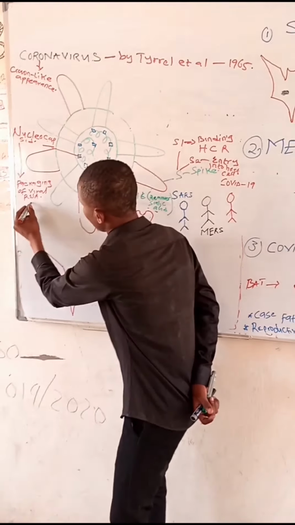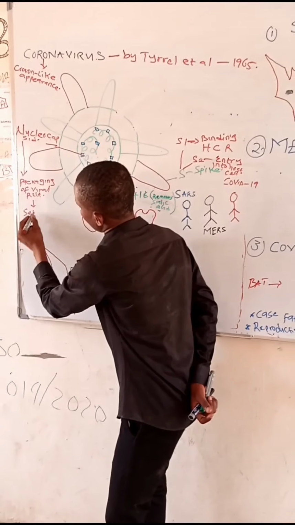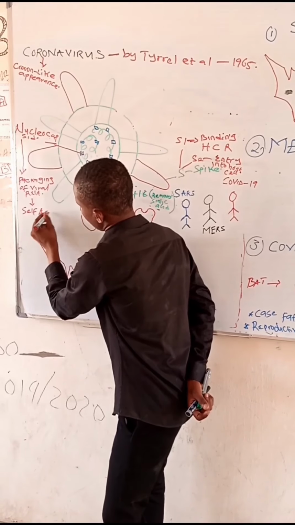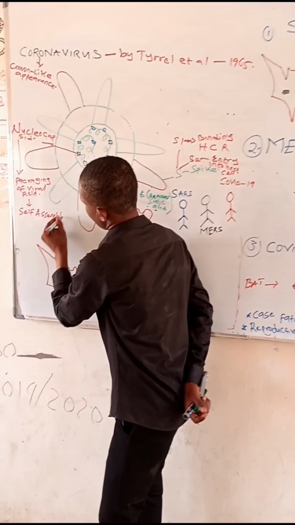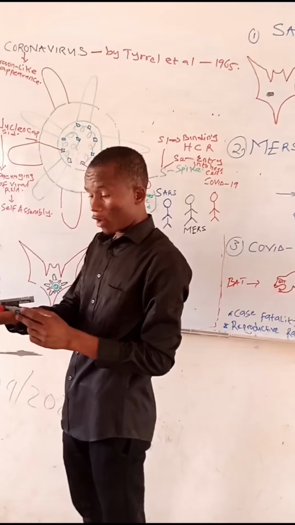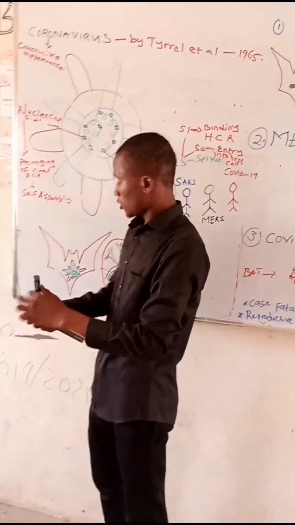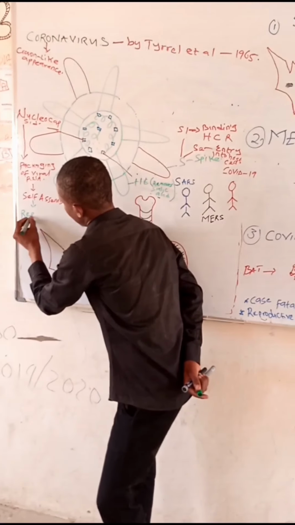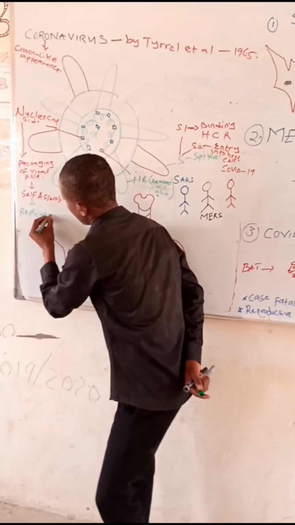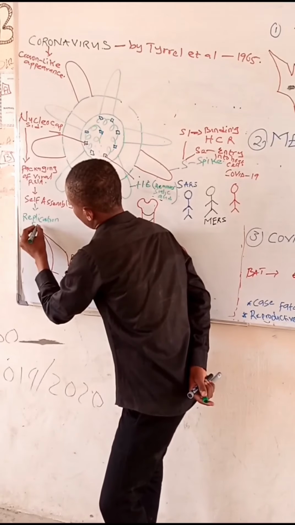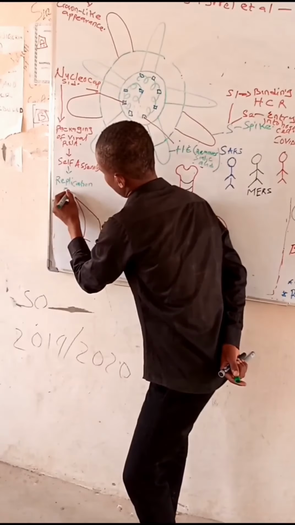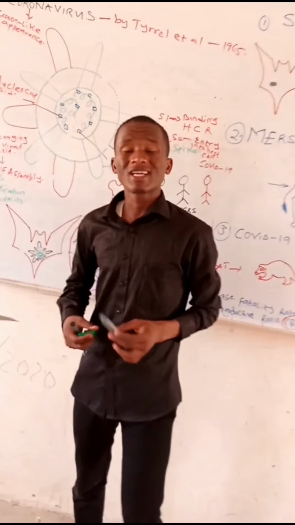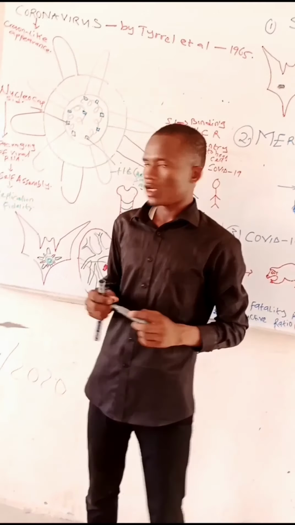This is very important for self-assembly of the virus and ultimately replication fidelity. So these are the three major proteins that are found in this virus.